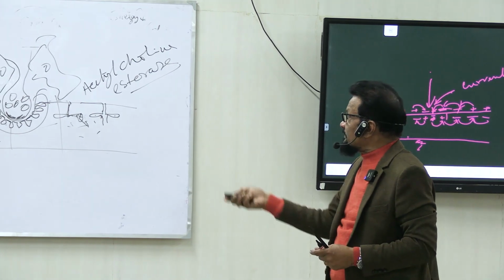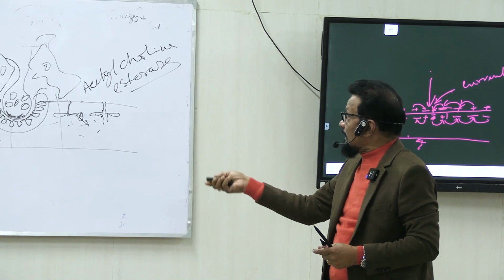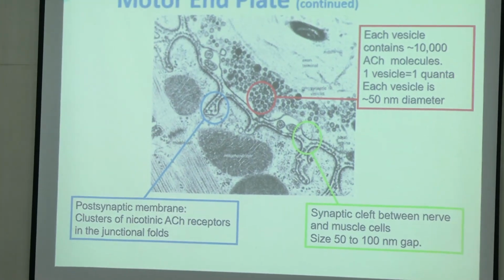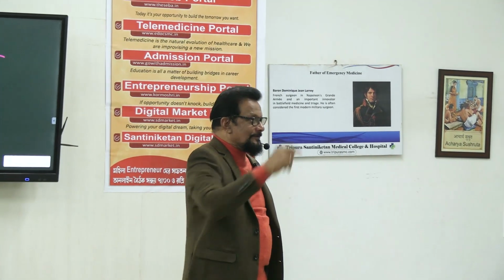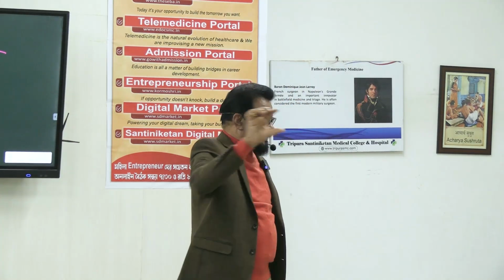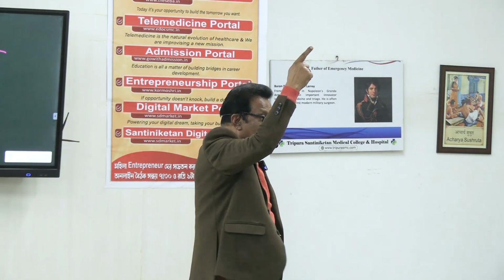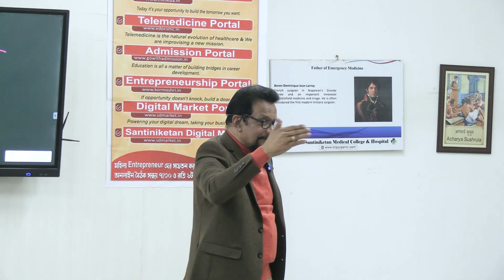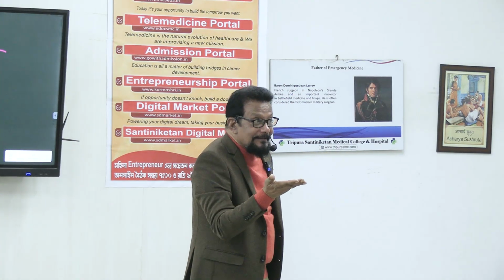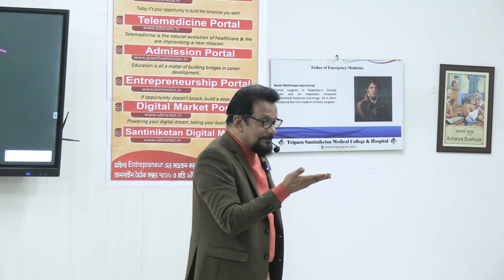Electron microscopic structure of the gutters. See now, what is actually happening in the neuromuscular junctions. A nerve impulse is coming through the motor nerve. Ultimately, where will it arrive? In the presynaptic membrane.